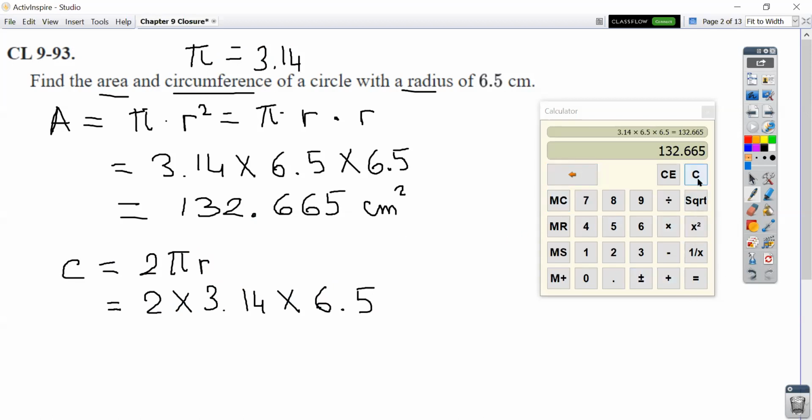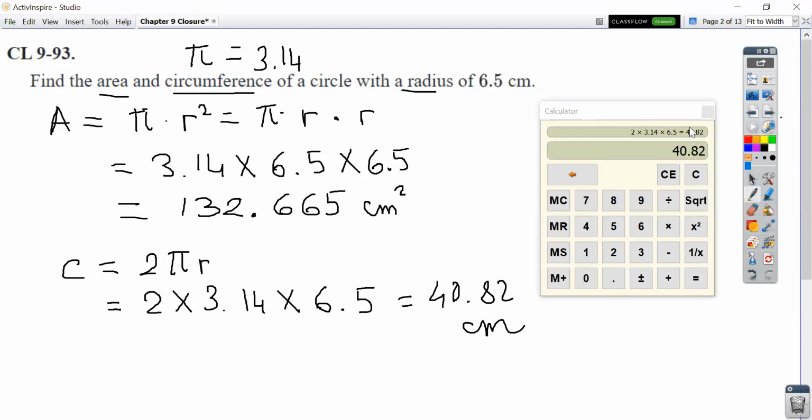So I took 2 times 3.14 times 6.5. We get 40.82 centimeters.